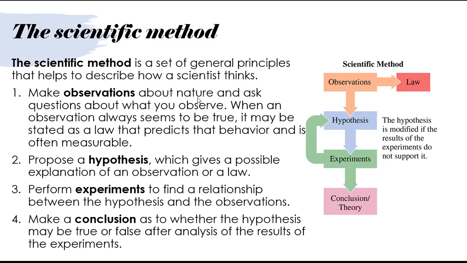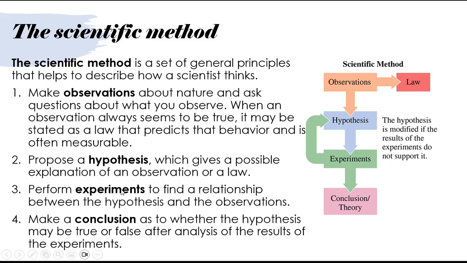When an observation always seems to be true, it may be stated as a law that predicts that behavior and is often measurable. Number 2, we often then propose a hypothesis, which gives a possible explanation for that observation or law. And then 3, we will perform experiments to help find the relationship between the hypothesis and the observation, right? That's our if-then or cause and effect, right?